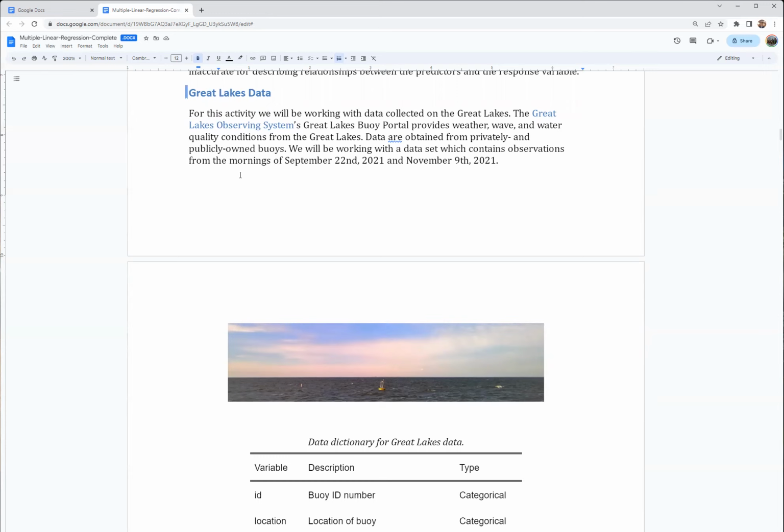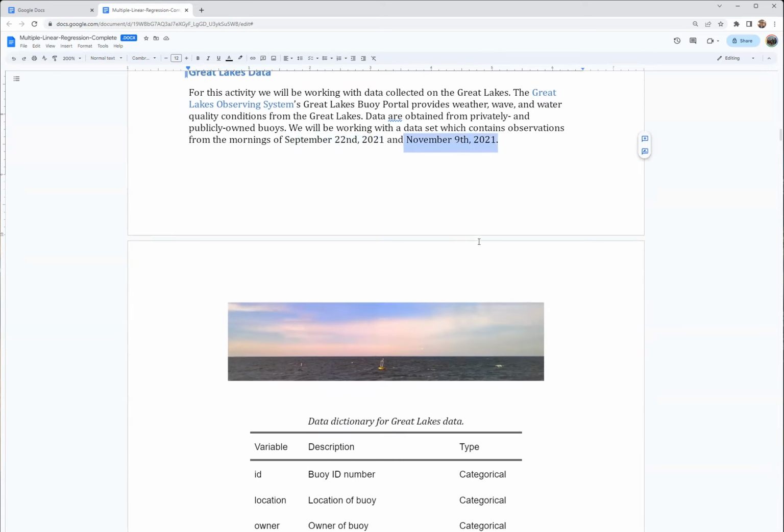For those not familiar, it's a little bit small in this picture here, but here's a picture of one of the buoys where they collect lots of measurements on the Great Lakes. They measure conditions about the air temperature, water temperature, the wind speed, wave heights, all kinds of things. And this data in particular is just from 2 days, because there are many buoys in the network: one on September 22nd, 2021 and November 9th, 2021.